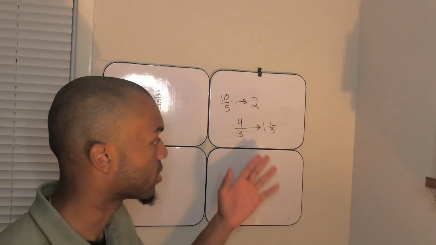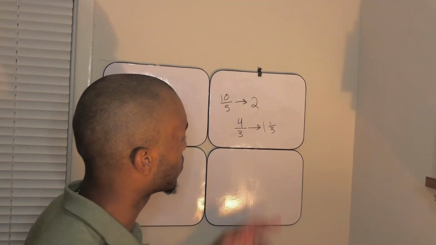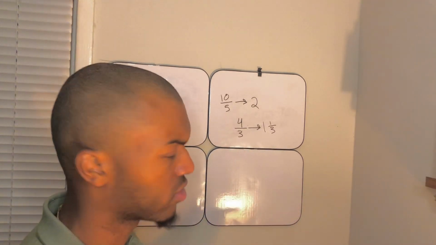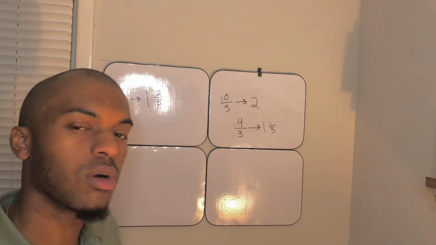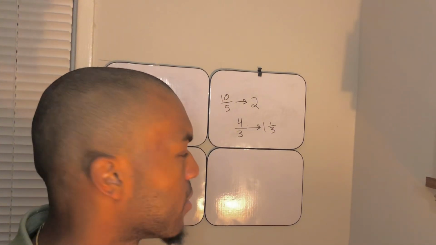Like I was saying, you see how many times 3 goes into 4, and it's 1, and we got 1 left over, and then we drop that 3 under the 1. I'm gonna do one more example, and then we'll get into a real quick concept.